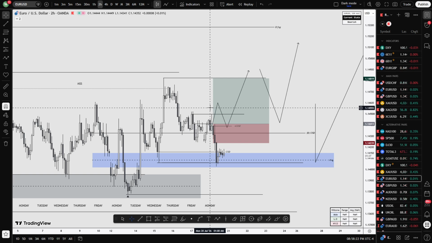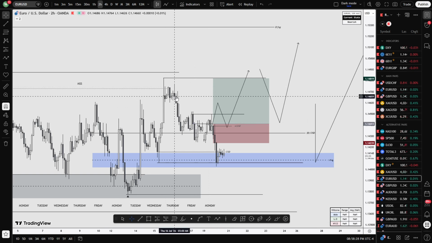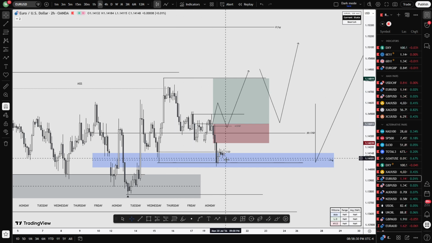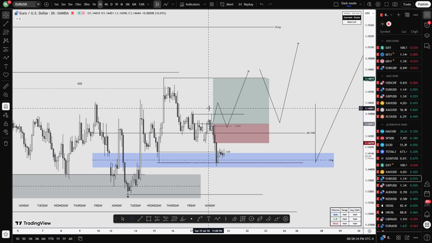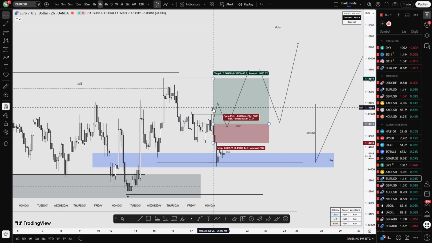And then you wait, you don't get in immediately, because overall this short-term trend is not done. But that break above this place is the first telltale sign that the trend might be ending. The short-term retracement might be ending.